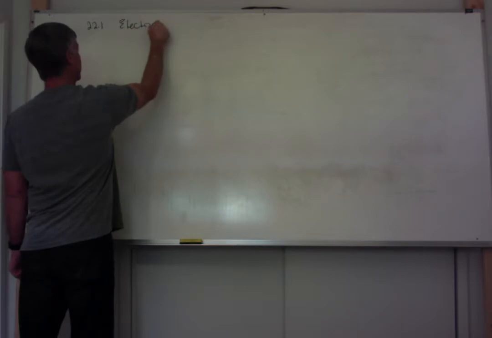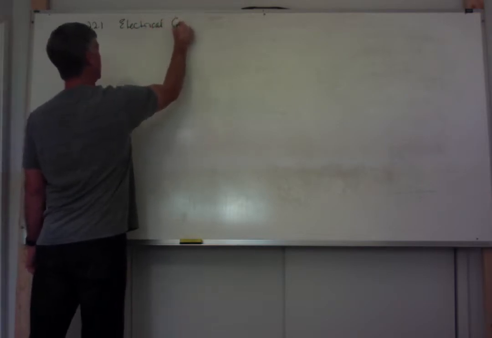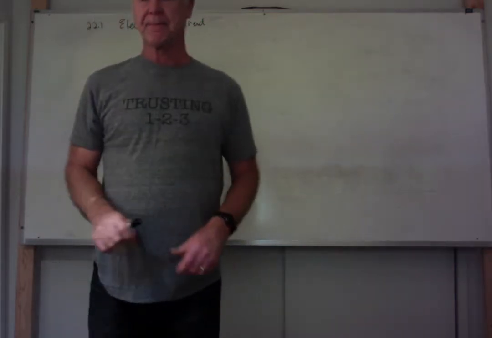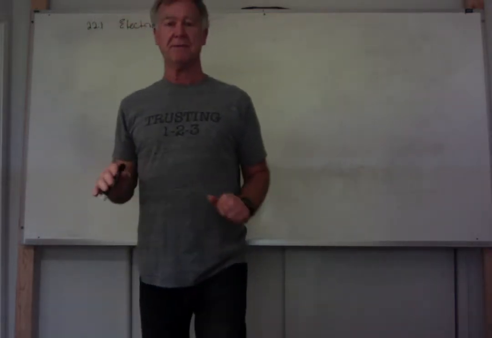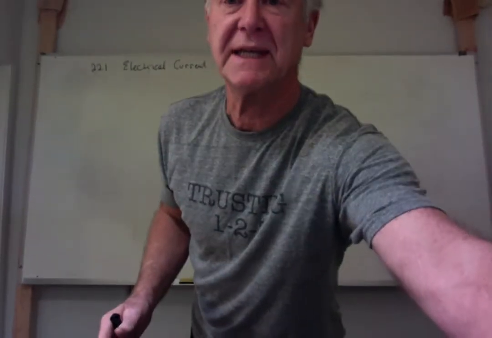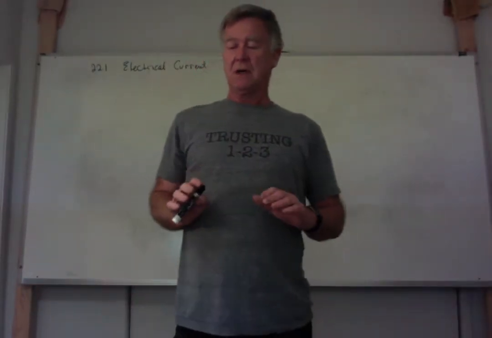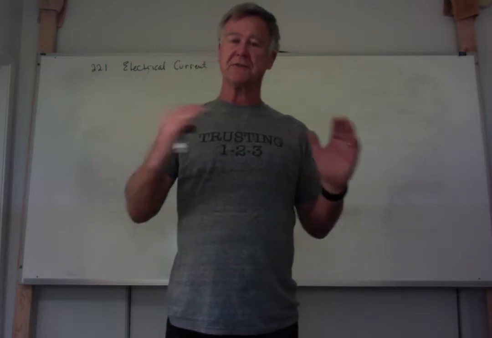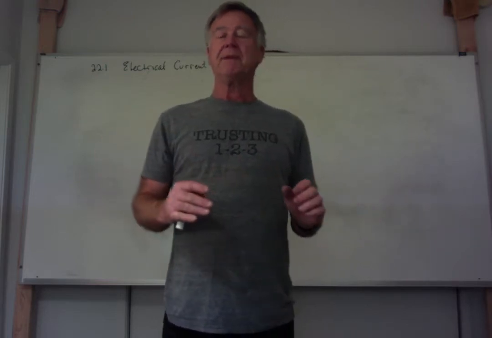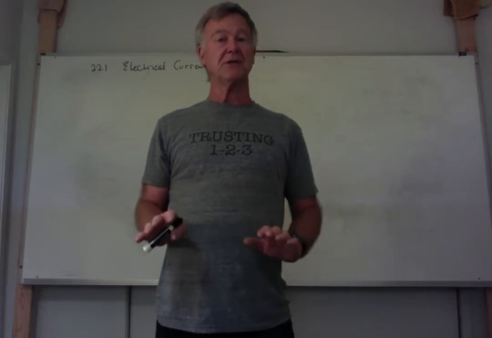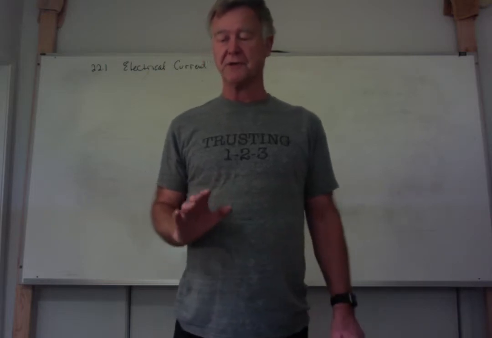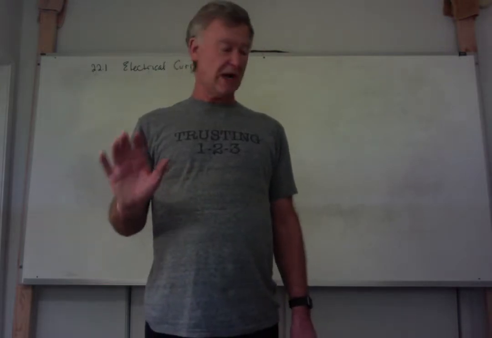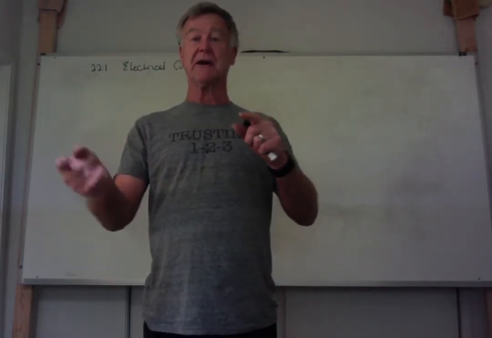And this is actually a pretty important jump because, for the most part, what makes electricity useful is the fact that we can cause it to flow from one place to another. There are applications for static electricity, don't get me wrong, but for the most part, what we are interested in is what happens when electricity flows.